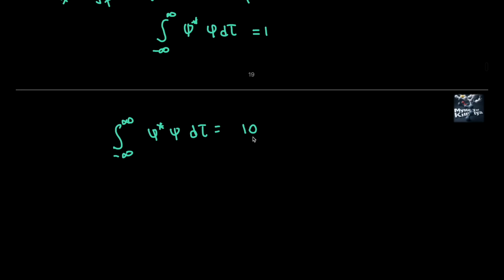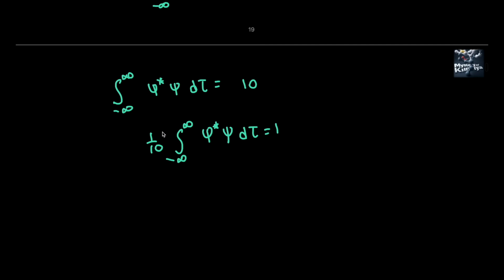So in such a condition, we can basically divide the whole thing by 10, then it would look like this, right? And this value will become 1 only if we multiply our psi with the root of this, right?